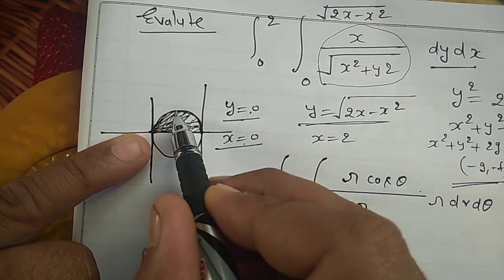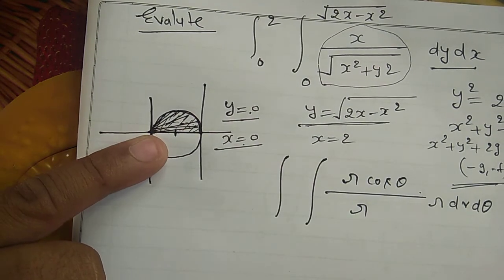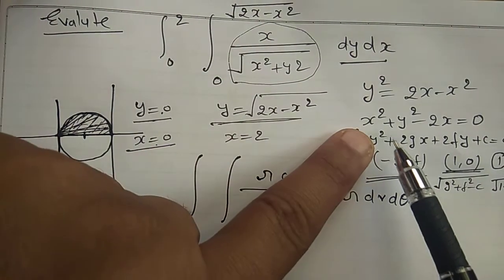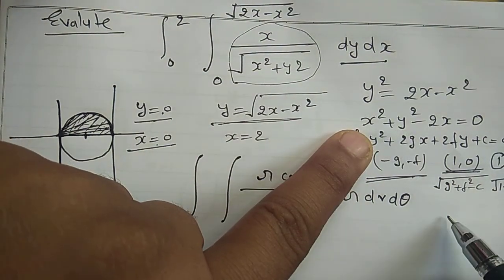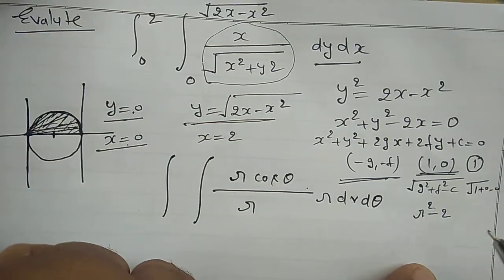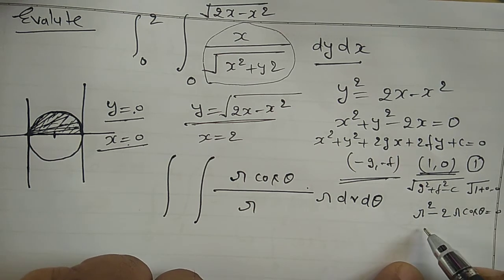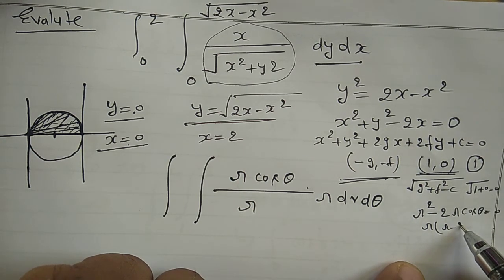So this circle curve, let us see what is the equation of the circle in terms of r. Here we have x square plus y square equal to r square. So r square minus 2x, with x equal to r cos theta, equal to 0. So the r limit is r equal to 2 cos theta.